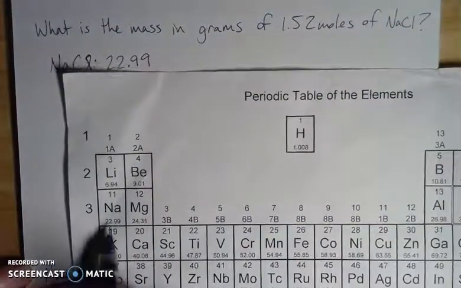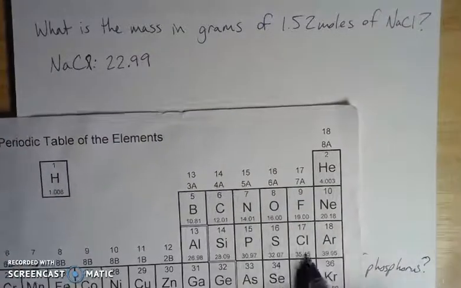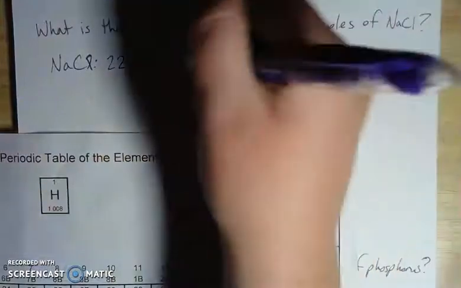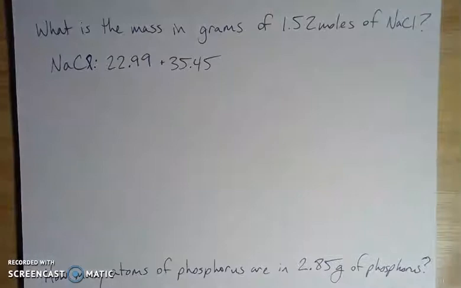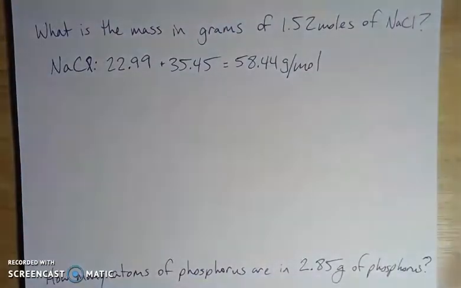That's coming from my alkali metal here. And then my chlorine is over here in my halogens, 35.45. And when I add those two together, I end up with 58.44 grams per 1 mole of sodium chloride.